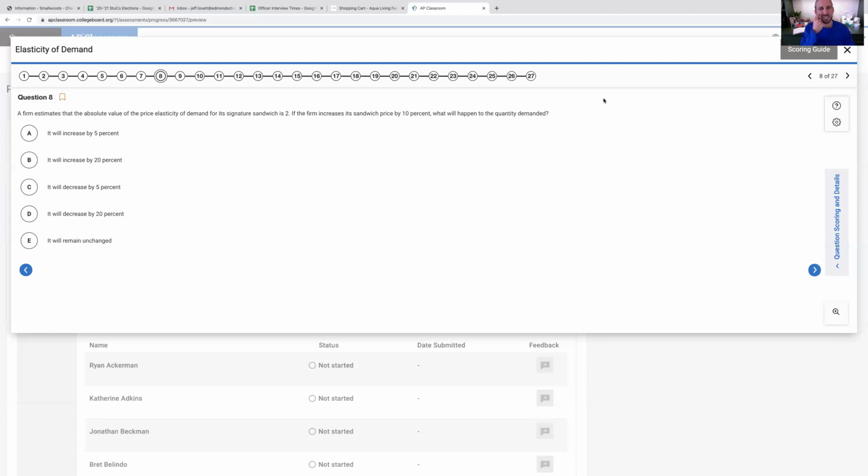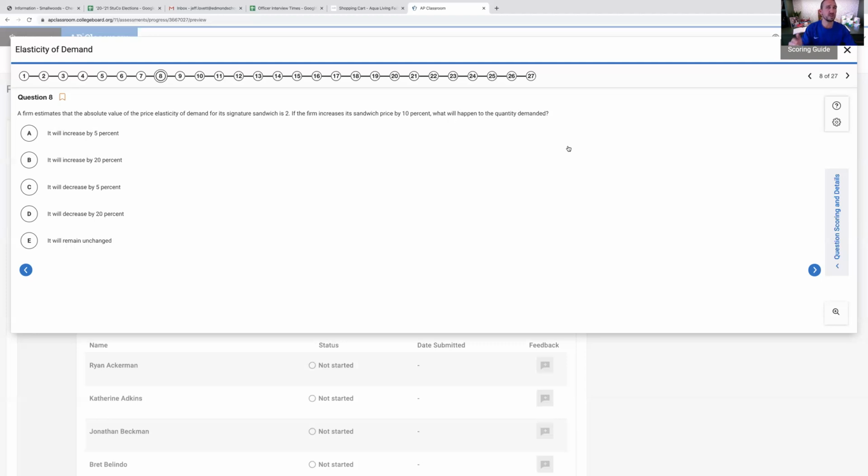The firm increases its sandwich price by 10%. What happens to the quantity demanded? So the way we find this is the coefficient test. Your elasticity coefficient is the percent change in quantity over the percent change in price. So, Queens over peasants, or whatever way you want to remember it.